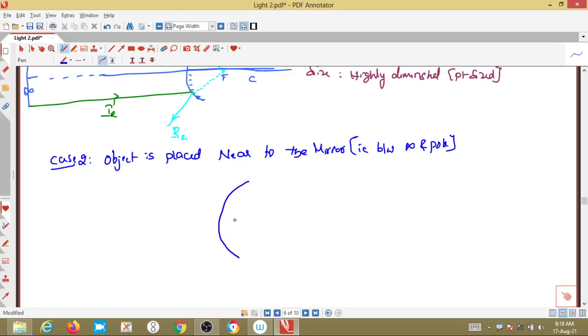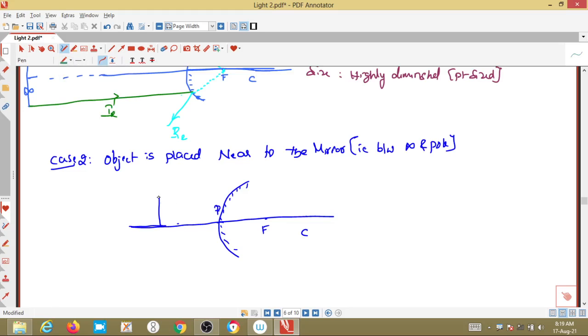This is the convex mirror, this is the polished surface, this is the point F, this is the point C, this is the point P, this is the principal axis, okay. Where the object is placed nearer to the reflecting surface or mirror, okay. Now try to draw the ray diagram for this.